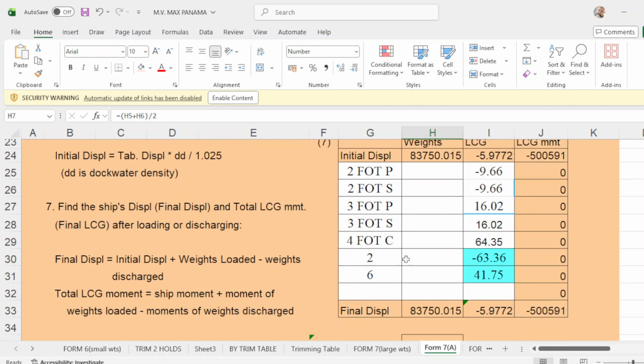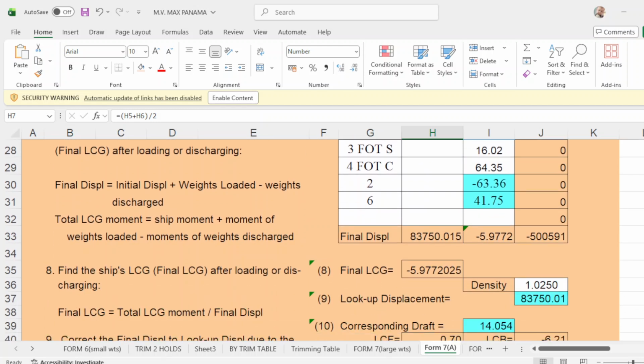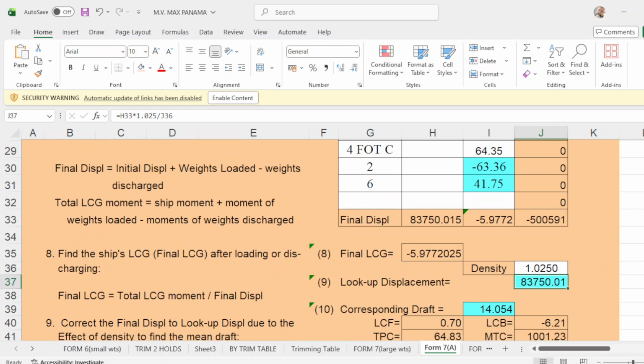There are no figures here for loading, which has already completed. And what will be her draft when she floats at 1.025, I mean 1.025? That is the seawater. Her departure mean draft when she floats at seawater will be 14.05, and her displacement is 83,750.01.